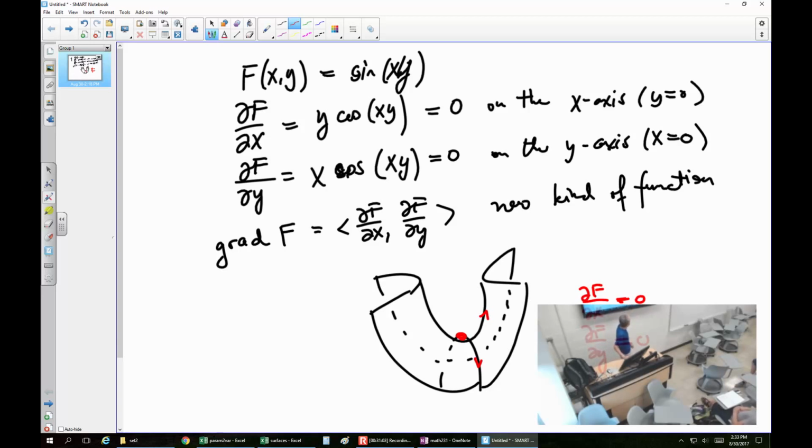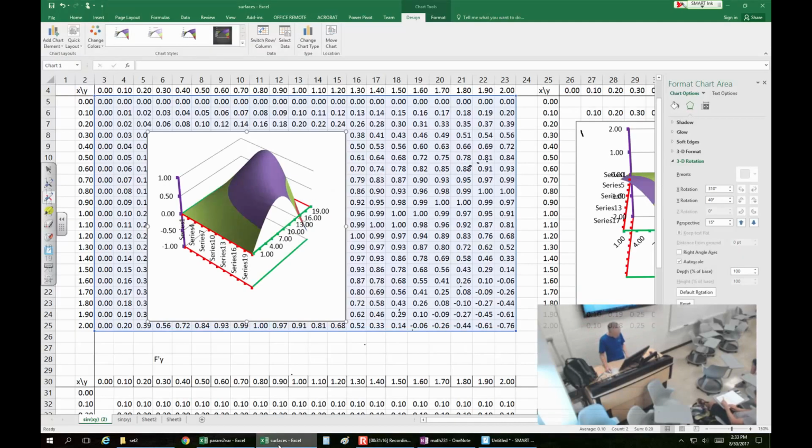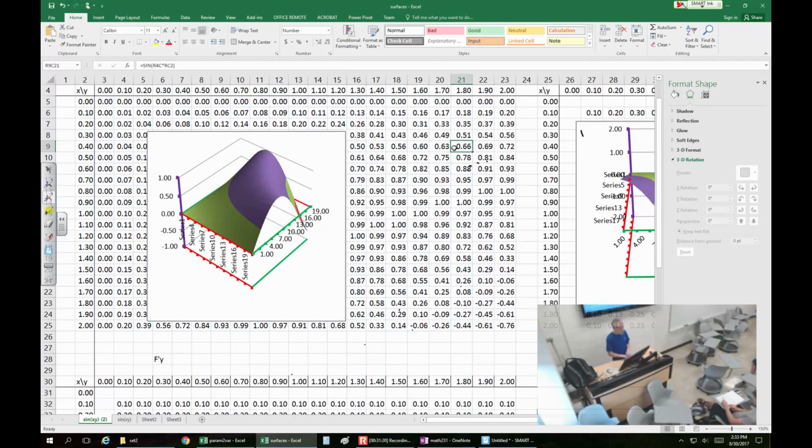If you have the second derivative available, the positive second derivative will give you the growth, and the negative will give you the decrease. If you don't have that as an option, step off. Doesn't matter how little you step off to look at the slope, and you'll know which way to go. You just proceed with the gradient.